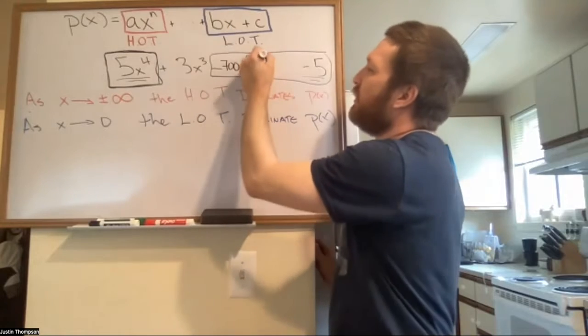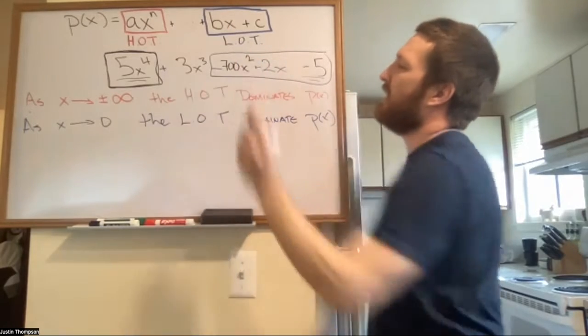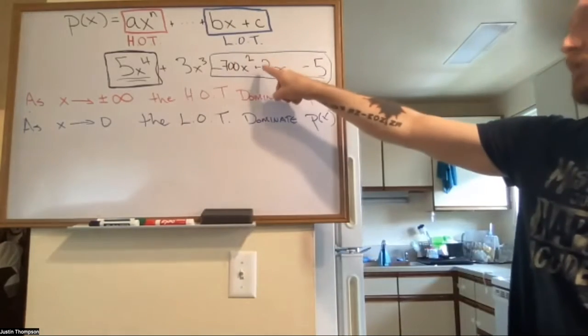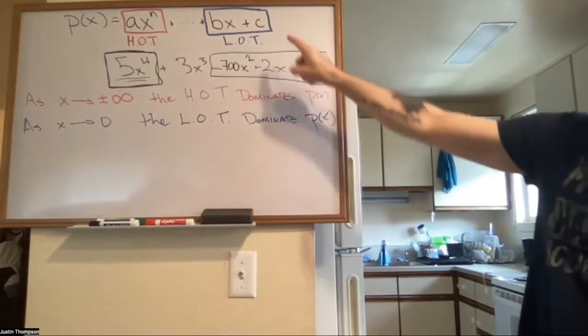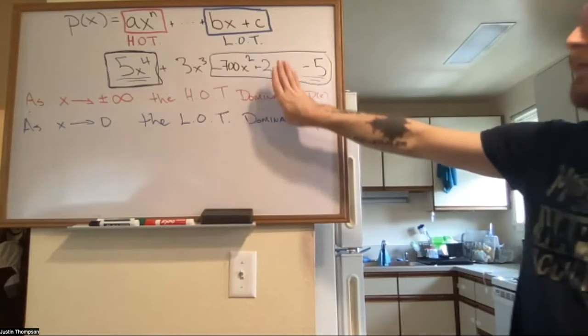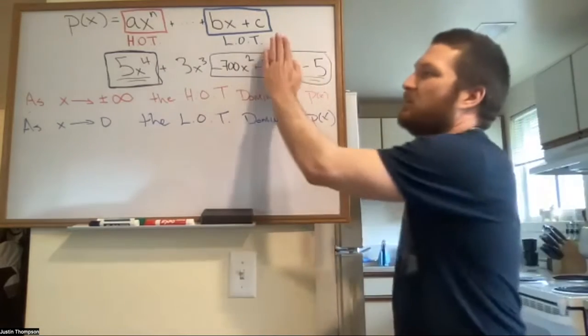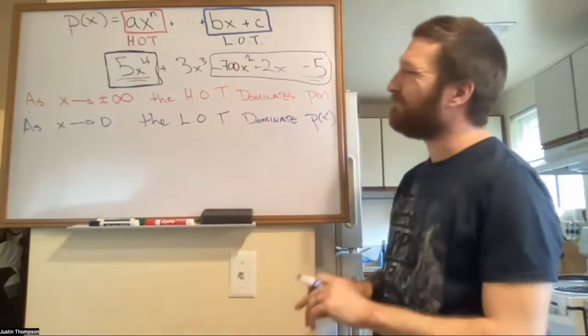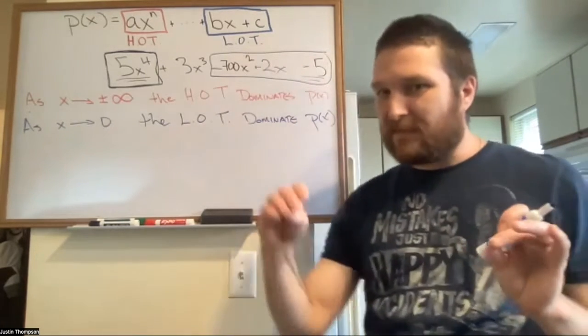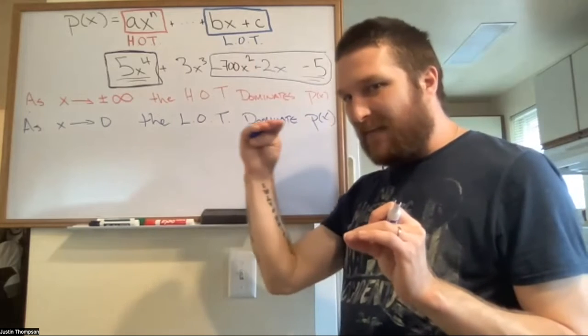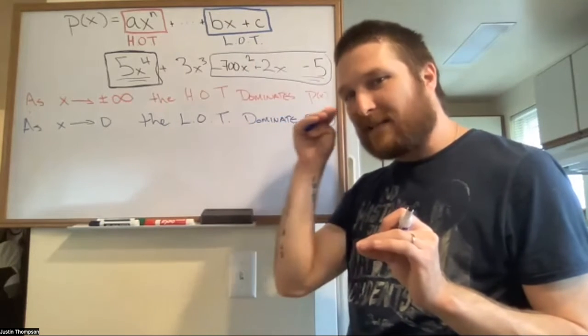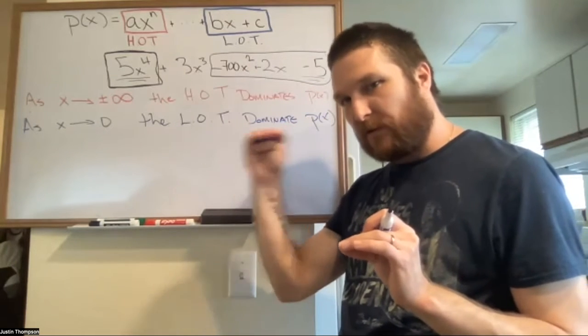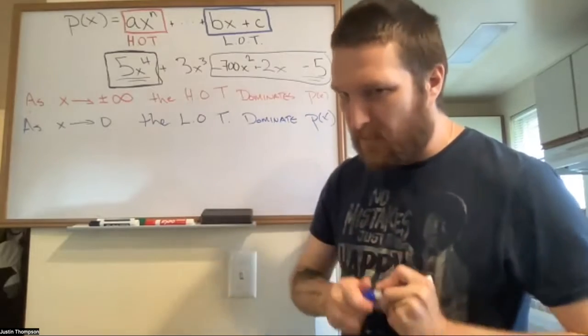So like when we had 2x minus 5, then yes, really close, it looked like the line 2x minus 5. But if your polynomial doesn't happen to have that linear term, the x term, then it turns out that this thing is going to go through the y-axis in a straight horizontal line. Let me show you what I mean.